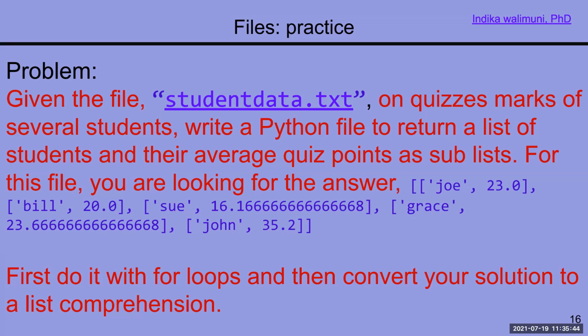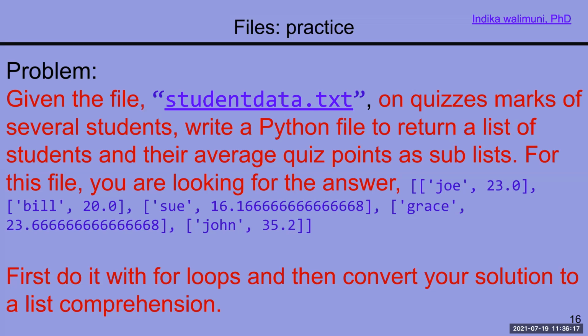Basically, it's saying given this file, there's some student data inside, and some quiz marks, and I need to create this list of students. First I have to do it with for loops, and then I need to convert my solution into a list comprehension.